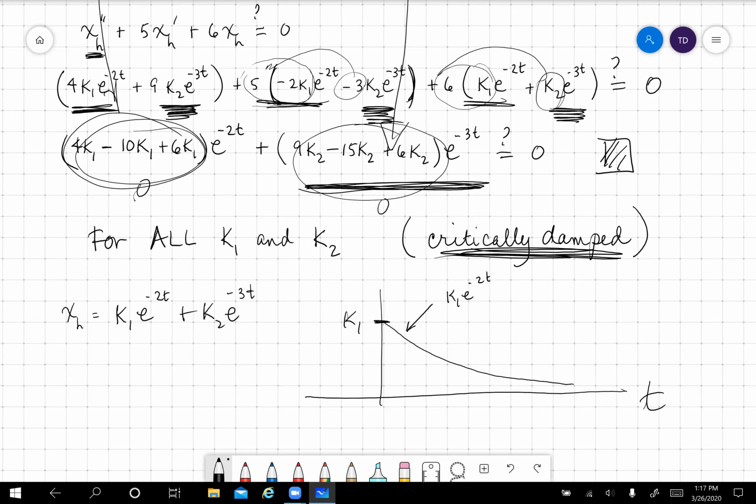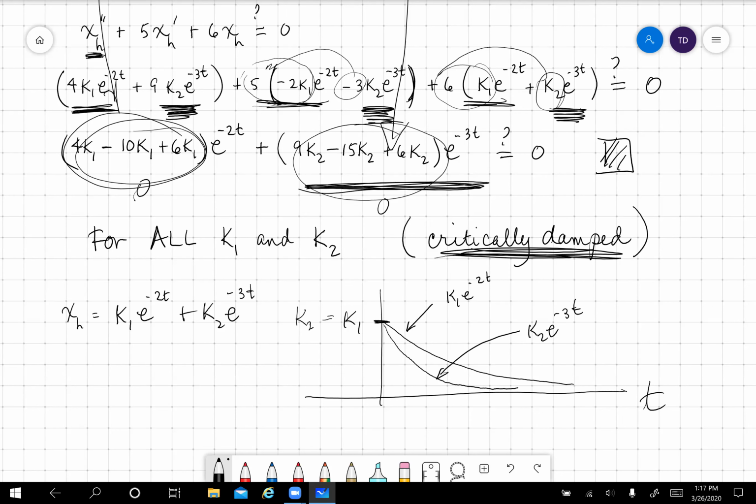Let's pretend K1 and K2 are the same. They don't have to be, but just right now, for purposes of illustrating what's going on, e to the minus 3t decays faster. So it does that. And then we're just going to add those two together. What does that look like?